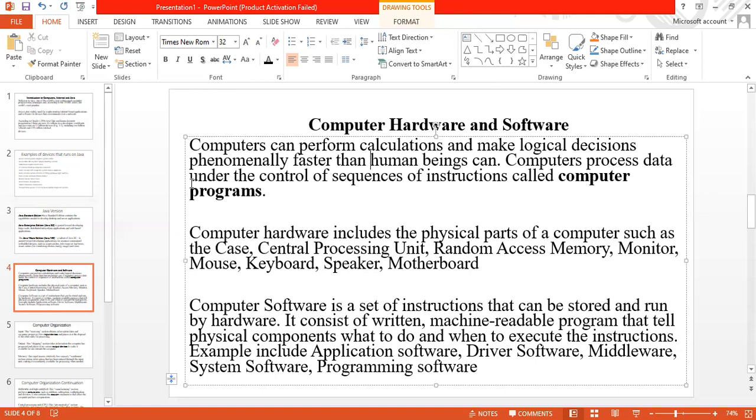Don't forget, they are telling our hardware, they are telling our keyboard, they are telling the central processing unit, they are telling the random access memory what to do. So these are the set of instructions that we give to our computers that tell them what and what to do, what to execute per time. And what are the examples? Examples include our application software.